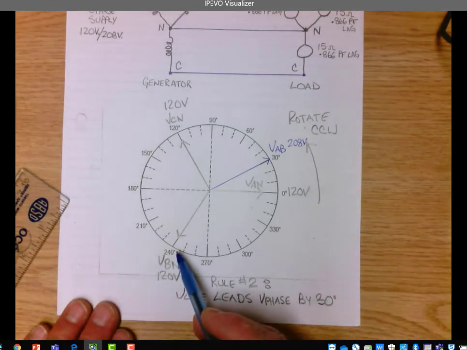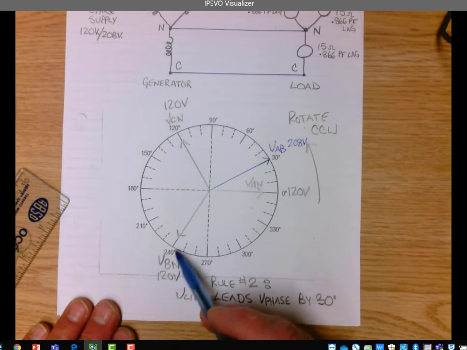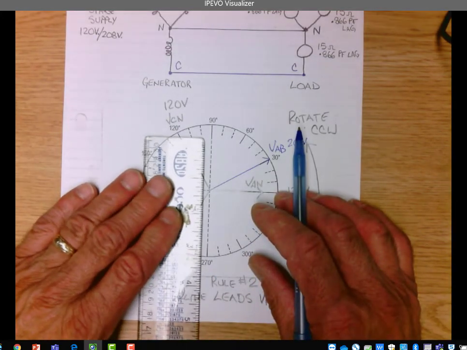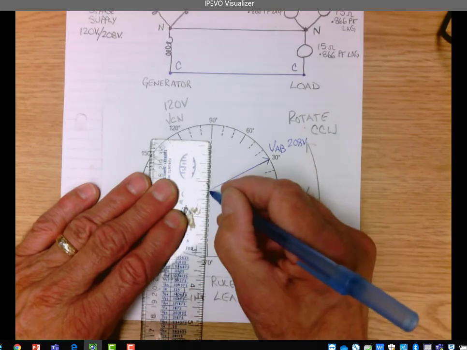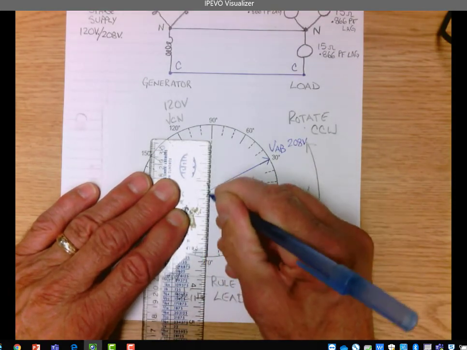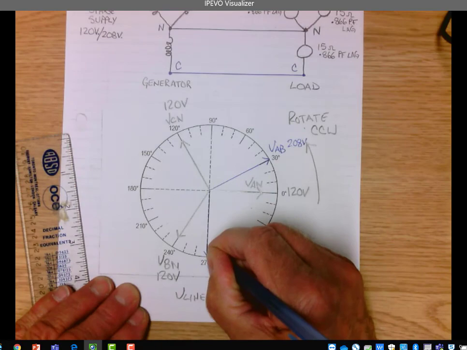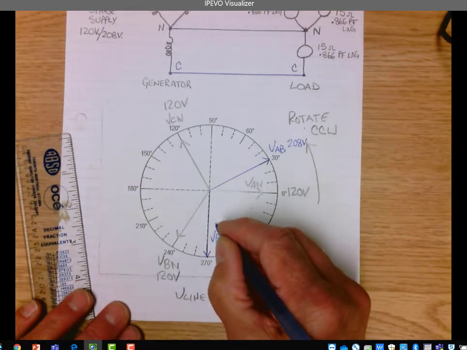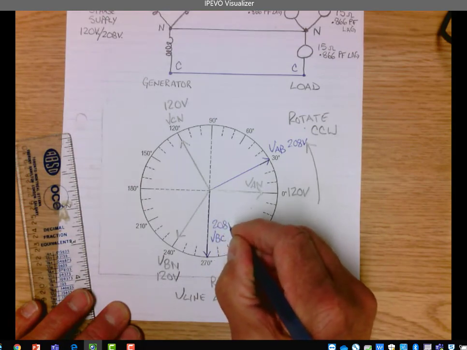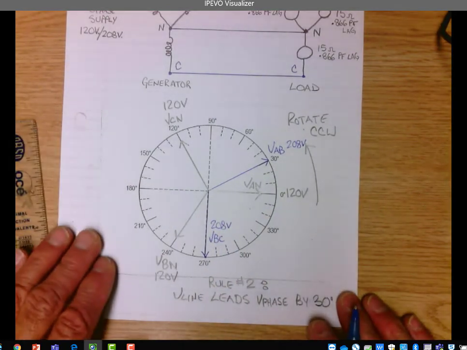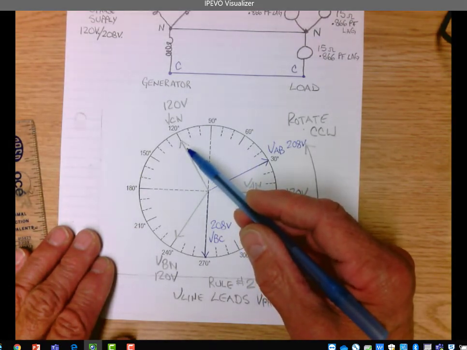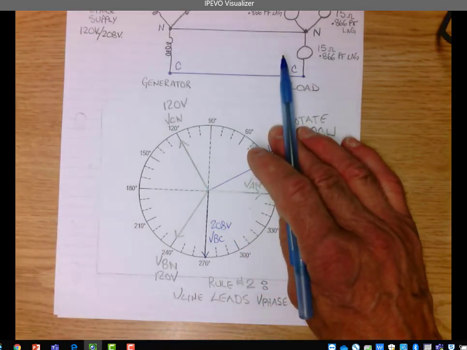For line voltage VB to C, here is VB to N. Line voltage VB to C would lead that by 30 degrees, so 30 degrees ahead of it, which puts line voltage B to C right here. VBC, which is 208 volts. The last line voltage, C to A, will lead phase voltage C to N by 30 degrees.